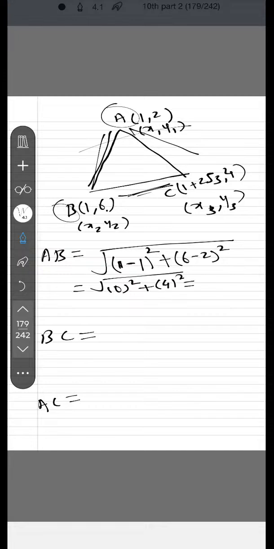So that is the square root of 16, so AB is equal to 4.